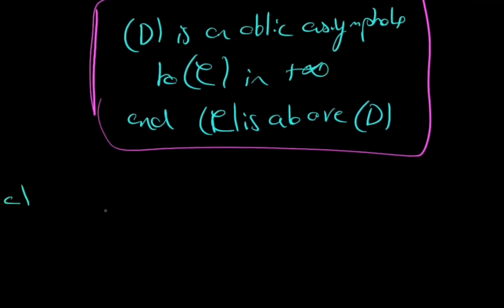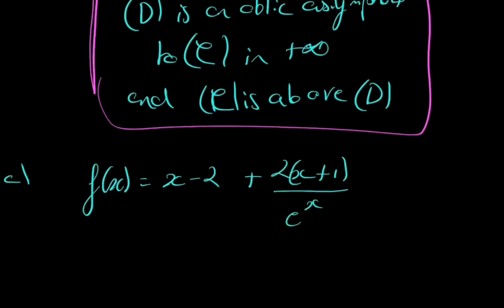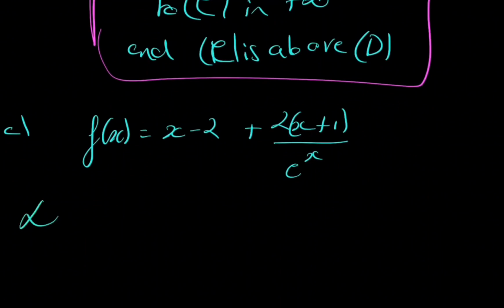So let's remember, f of x is equal to x minus 2 plus (2x plus 1) over exponential of x. As said, the domain of definition of f is R, and we will not have any problem with the derivative because exponential is an easy function, and this is the only part of the function with the quotient that could go wrong.